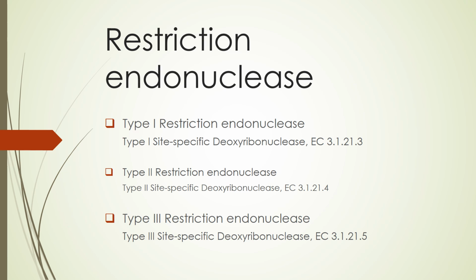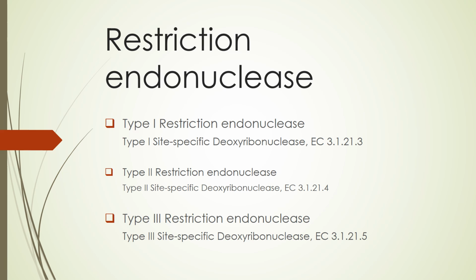Now we come to type 2. This system consists of physically separate restriction endonuclease and methyltransferase activities. These restriction enzymes are usually dimers having identical subunits, whereas methyltransferases are monomeric enzymes. Type 2 restriction endonucleases require only magnesium ion for their restriction activity.